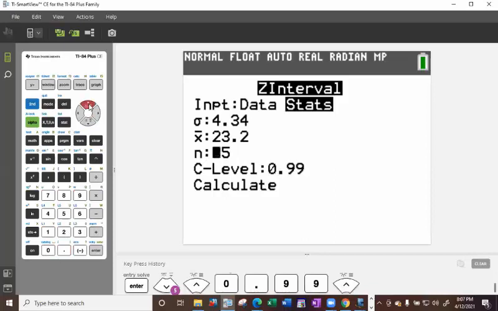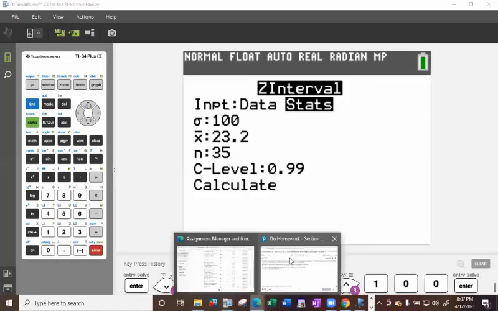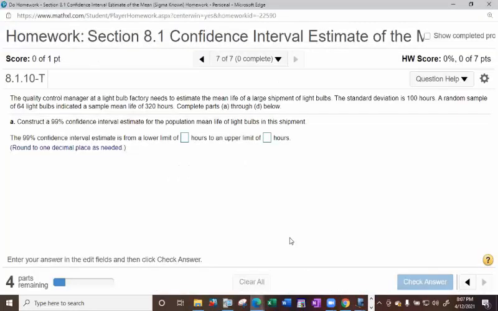I stared at that standard deviation number enough to know that was 100. The mean is 320.